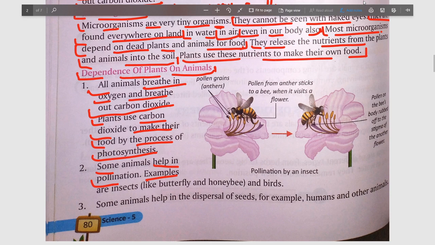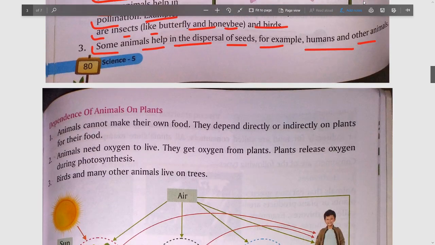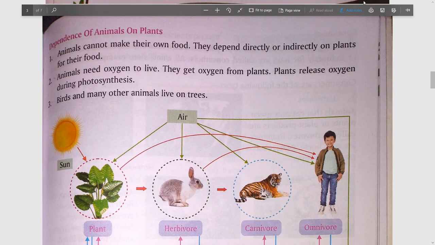Now examples are insects, butterflies, honeybees, and birds. Now some animals help in dispersal of seeds, for example humans and other animals. So animals also take part in the dispersal of seeds, which is also very important for the growth of a plant.